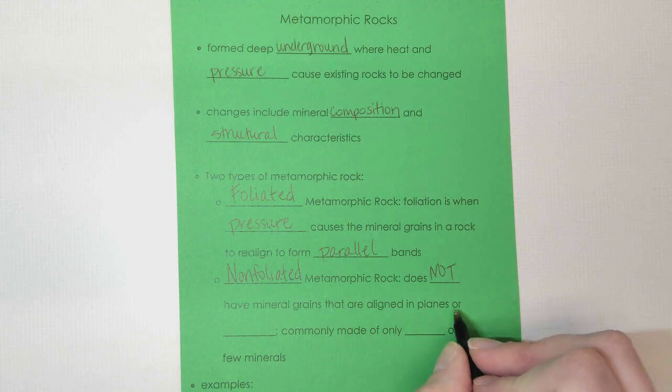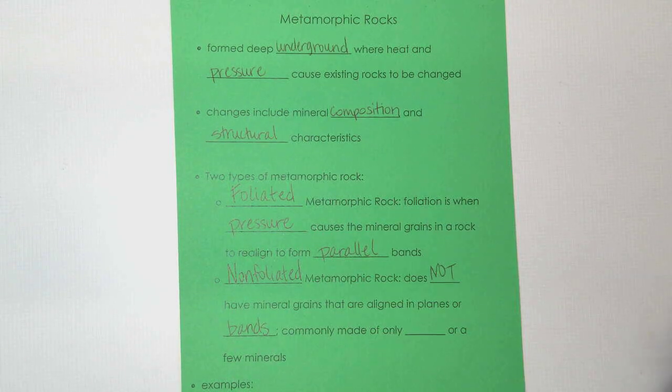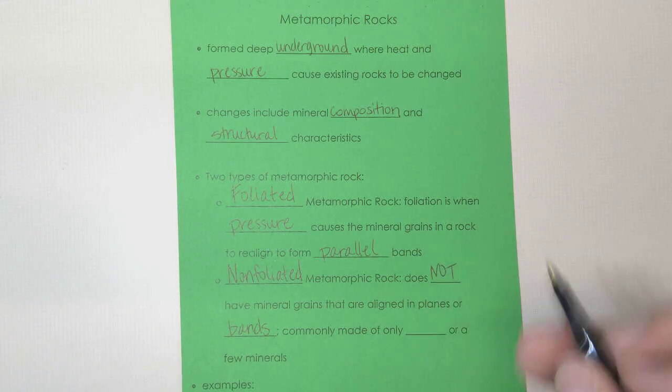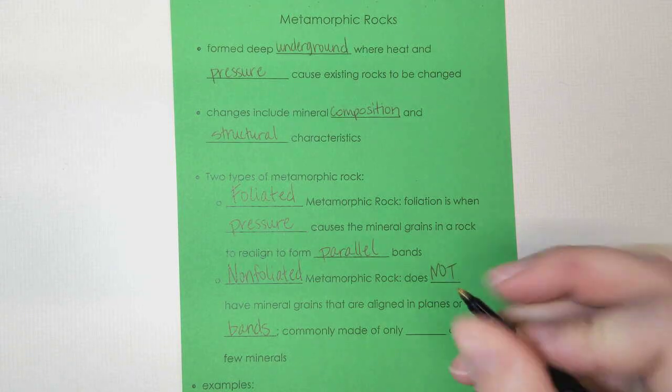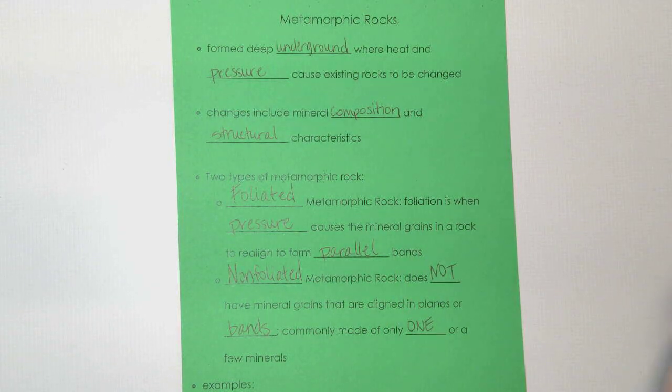Sometimes we call those planes or bands. Typically, the non-foliated metamorphic rock doesn't have those planes or bands because it's made of only one mineral or just a few minerals. So that's what we're going to put down here. Commonly made of only one or a few minerals.